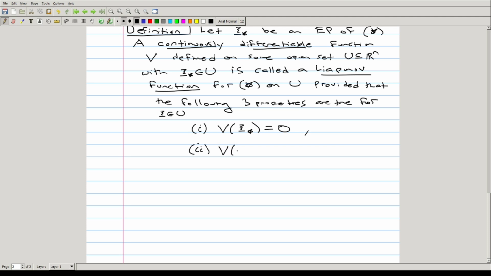Second, V has to be greater than 0 for points xi that are not equal to xi star. This means that xi star has to be a local minimum of the Lyapunov function on U.